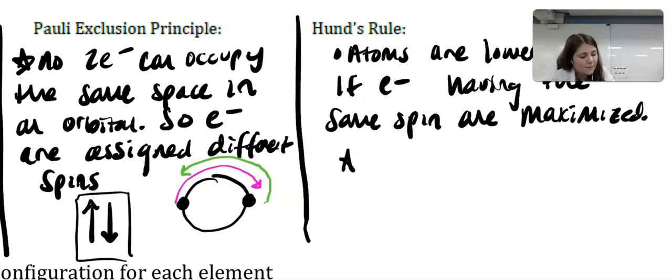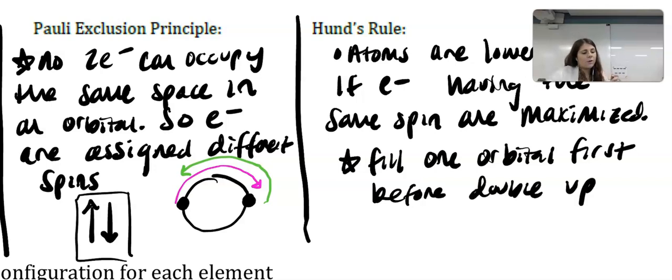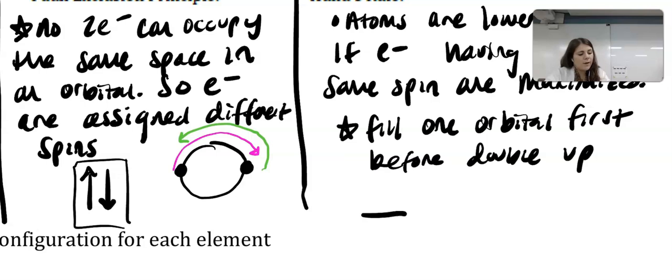What that means is fill one orbital first before doubling up. If we are focusing on the 2p, and again, I'll get more into details about this, remember the p sublevel is going to have 3 orbitals total.